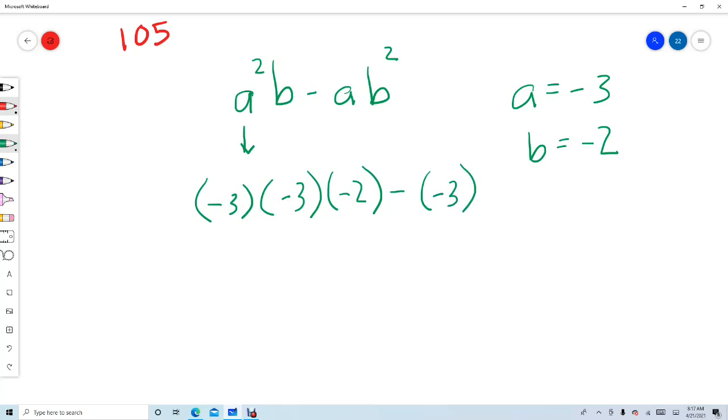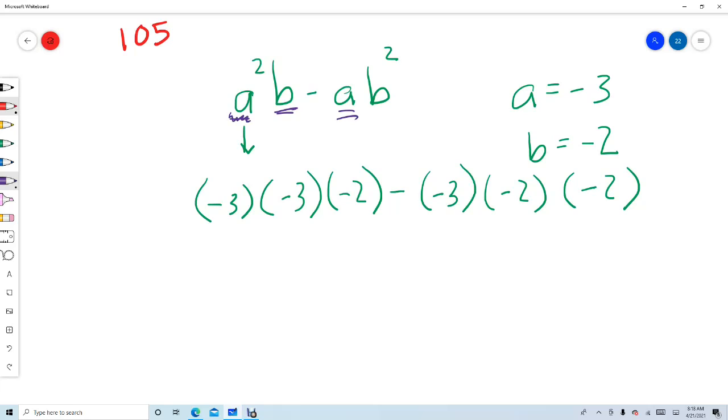You'll make fewer errors, for sure. The variables that are raised to exponents, those must be in parentheses. But what I'm saying is also put that in parentheses also.